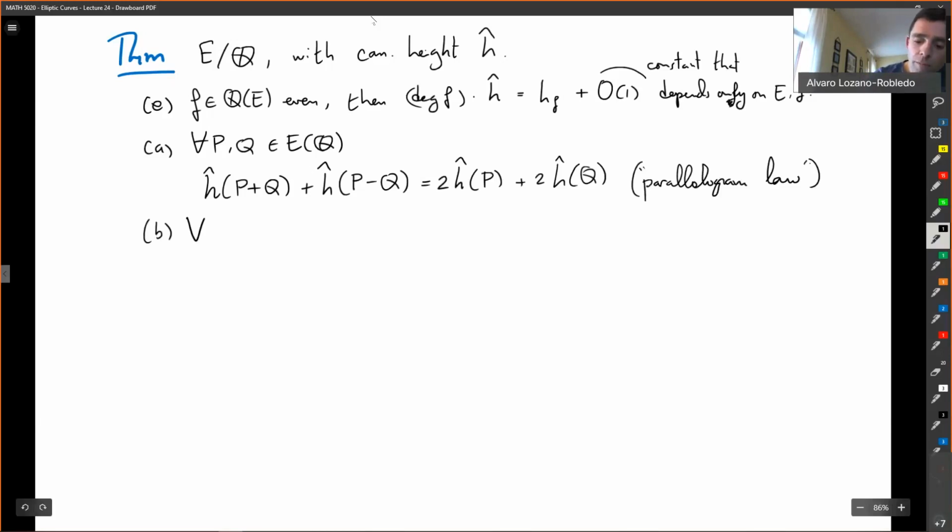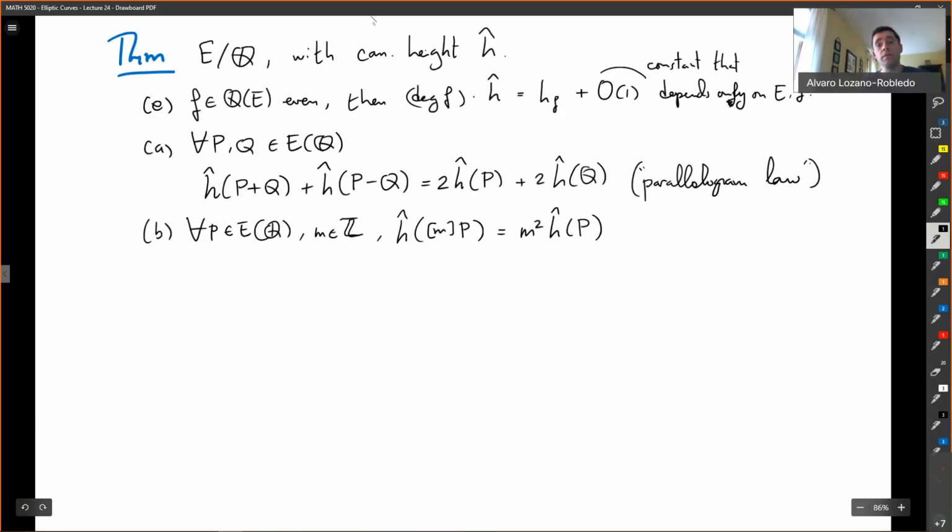B, for all P in E(Q), now this I hope you appreciate immediately, is that the height of m times P equals m squared the height of P on the nose. No constants.